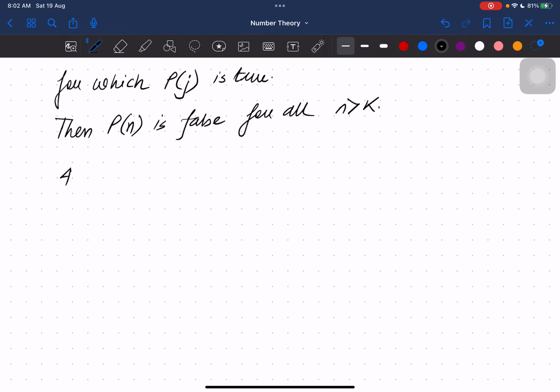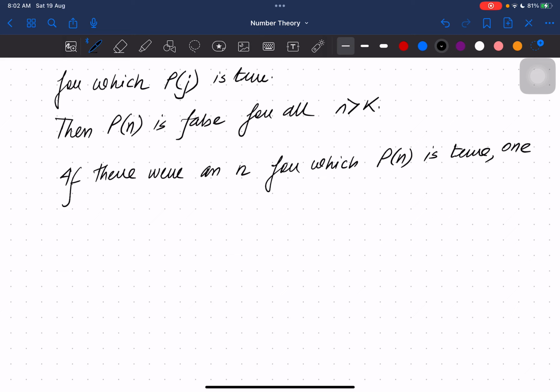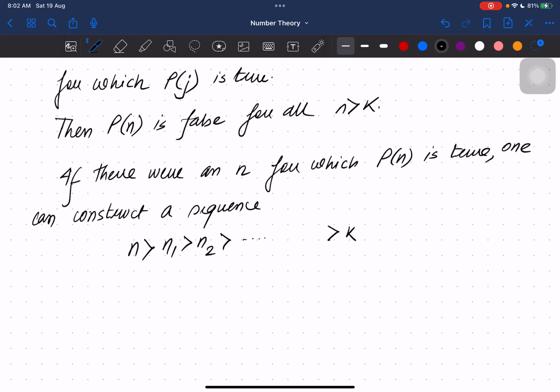So if there was an n for which Pn is true, the proposition or the property is true, then one can construct a decreasing sequence: n1 is smaller than n, and so on, all of which will be greater than k, right?